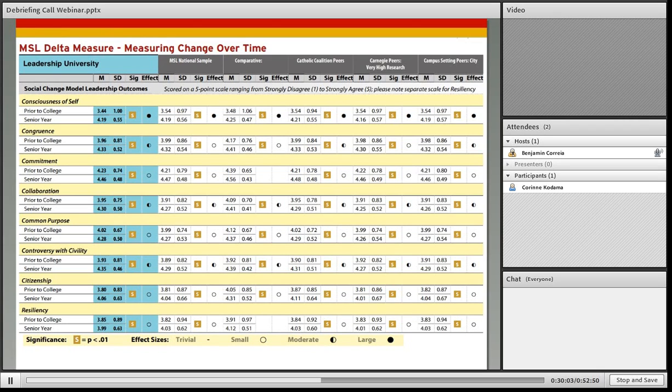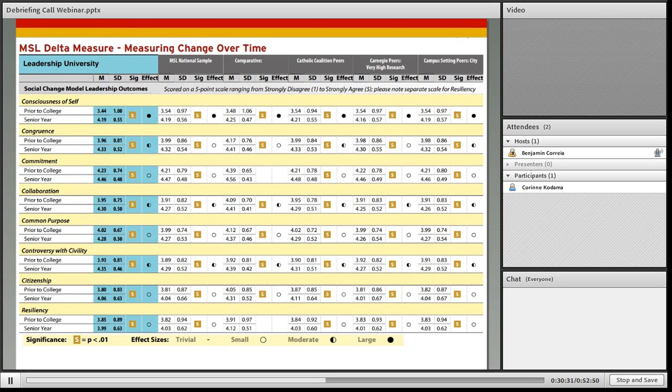If you look at the first one here, consciousness of self, seniors currently say they're around a 4.19, for example. Prior to college, they would say they were maybe around a 3.44. You can see there's an S, meaning that is a significant difference, meaning that they perceive some growth in consciousness of self during the time that they have been in college.